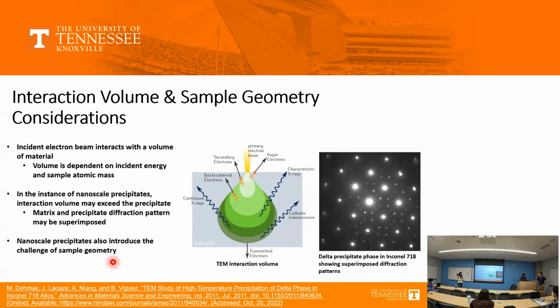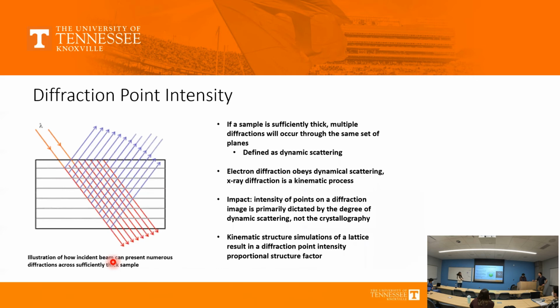The other thing here is the concept of what the different intensities mean in a diffraction image. What does it mean when one dot's really bright and one dot's really small? When you're working with something like X-ray diffraction, X-rays don't interact with the charged particles of the periodic potential of a lattice. So what you really get is just the theoretical crystallographic interaction based on your structure factor.